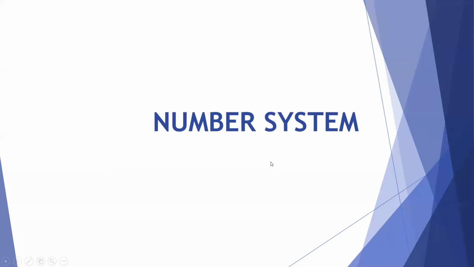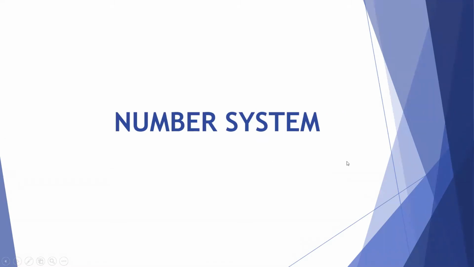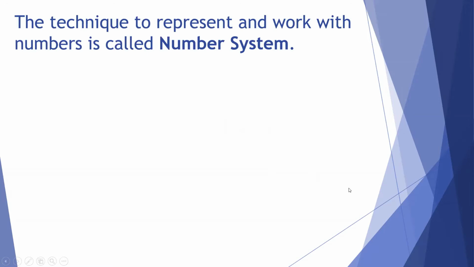So to begin with, we'll start with the number system, which is the basic concept of digits. Now we will see what we mean by number system. The number system is a technique to represent and work with numbers.